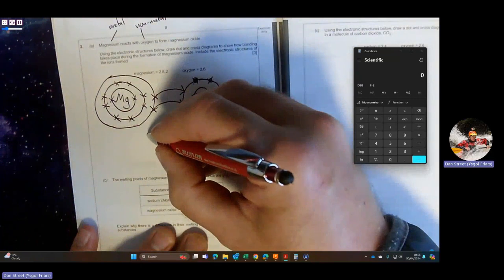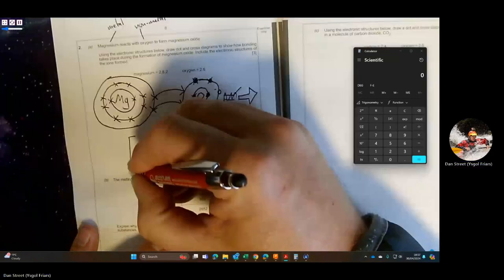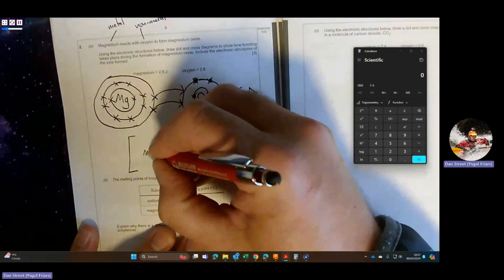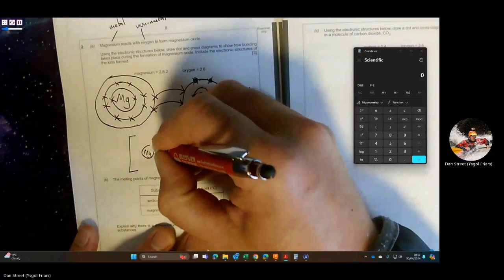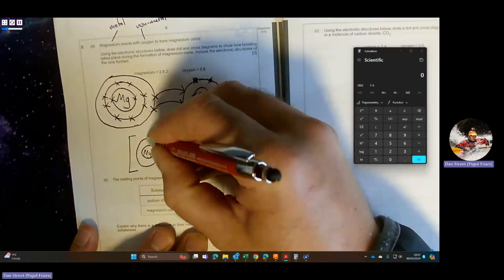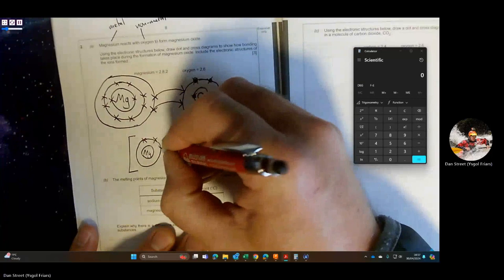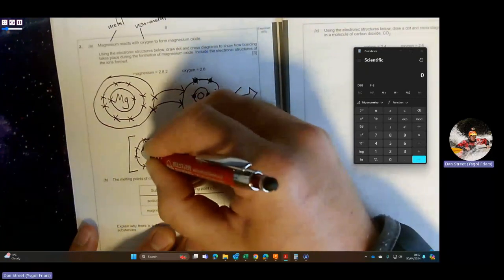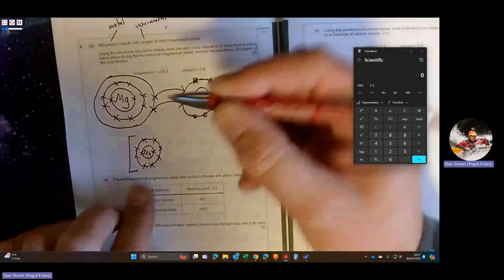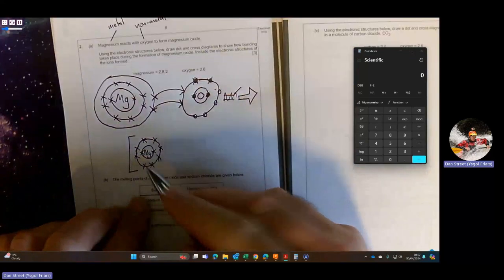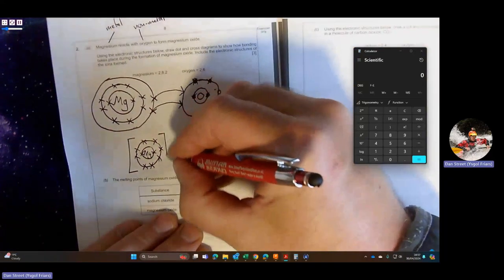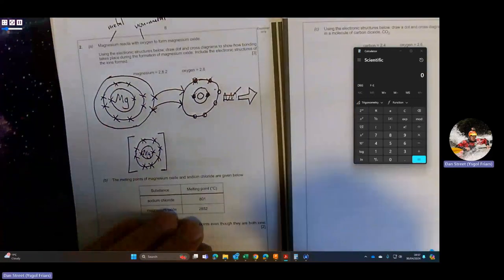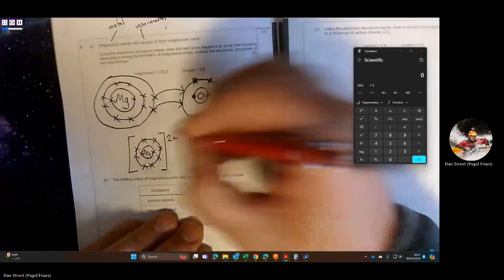What we tend to do is draw square brackets, and then we're left with a magnesium which has now only got 10 electrons because it's got 8 in the outer shell, and it's still got those 2 in the middle which are unaffected. And because those are unaffected, that's why we can sometimes get away with not drawing that inner shell. Because it's lost 2 electrons, it's become 2 plus.